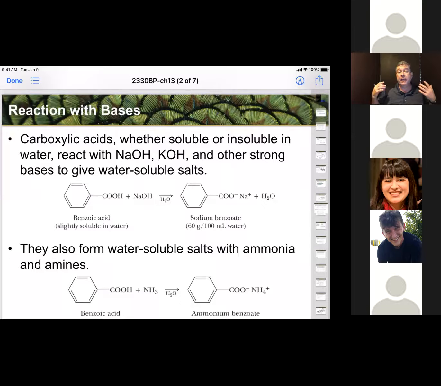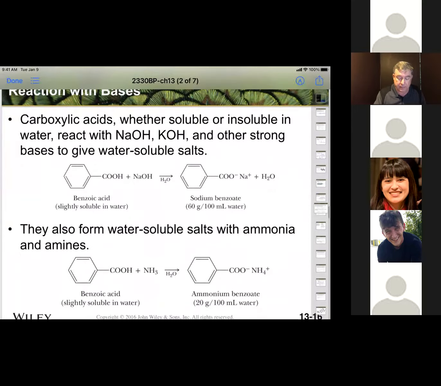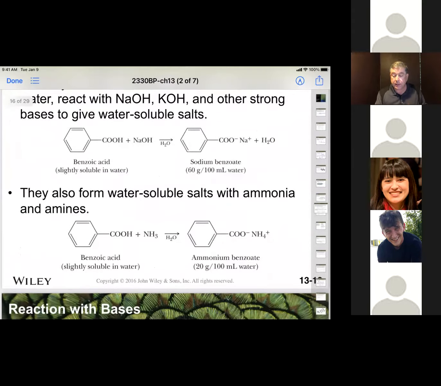But we have to use a stronger base than the benzoic acid is acidic. So we have to use something strong like potassium hydroxide or sodium hydroxide. The other thing we can use is ammonia. Ammonia is a strong base, and when it reacts with the benzoic acid, it creates an ammonium salt as our counter ion and the benzoic acid salt, and these also dissolve in water.